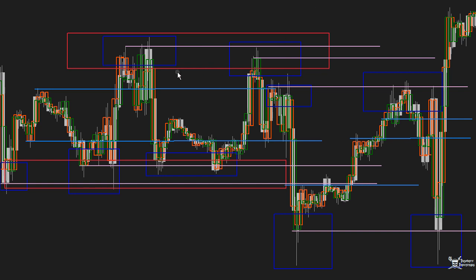Now, what you notice is it is very rare for price to travel from supply to demand, or demand to supply, in one candle. So I go short here, and I get it wrong.